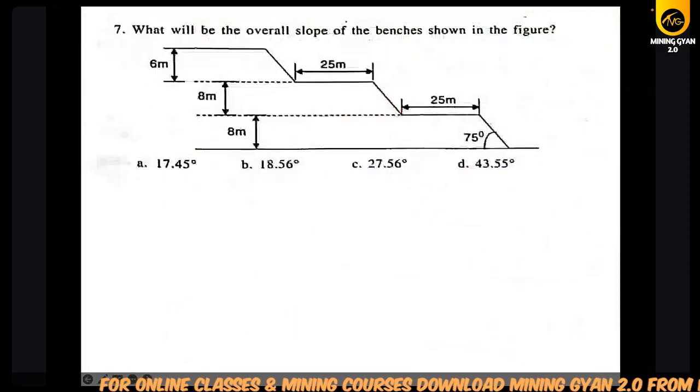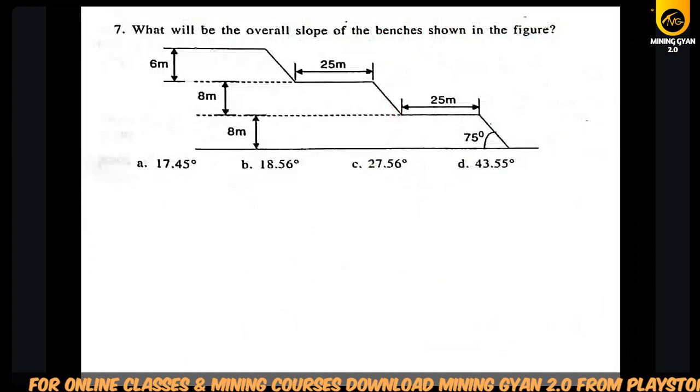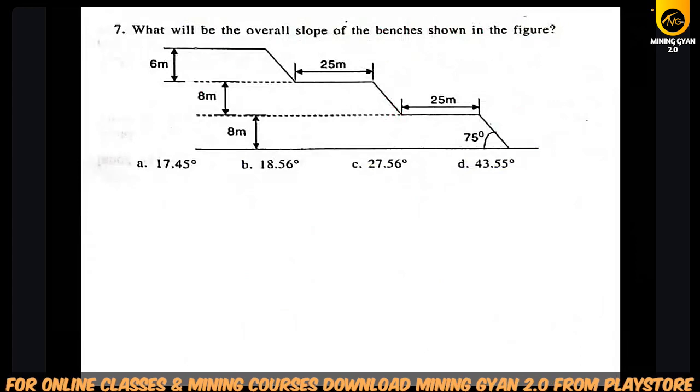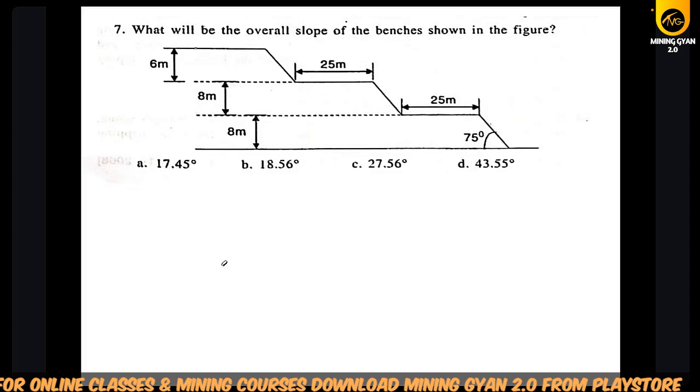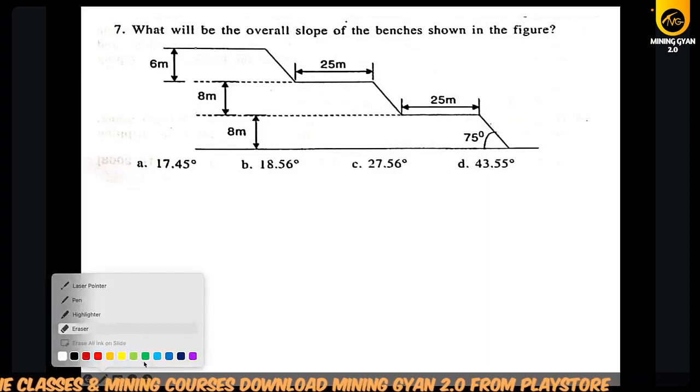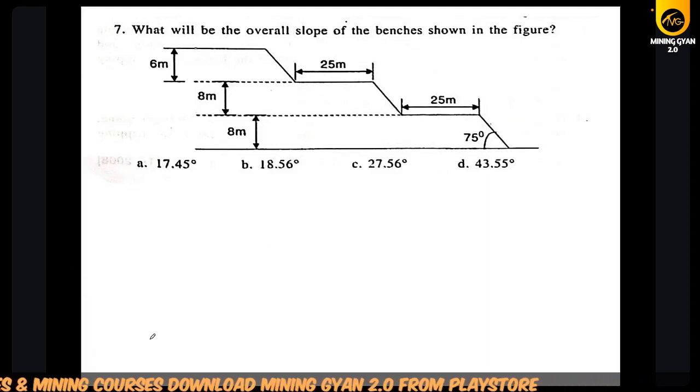In this question, you have to see that there is a difference in the height of the bench. So it is not 70, it is 70 degree or whatever, 75 or 70. We will just discuss the process.